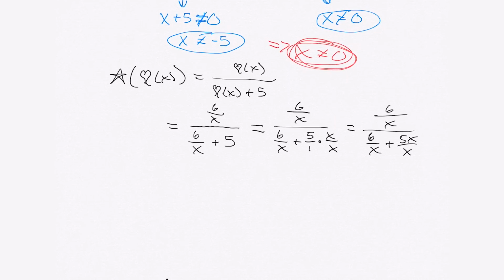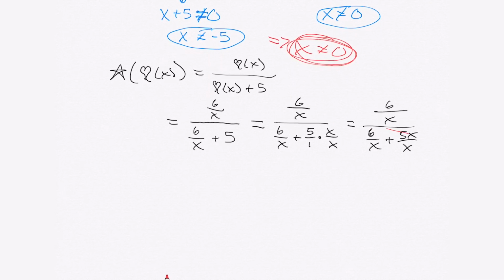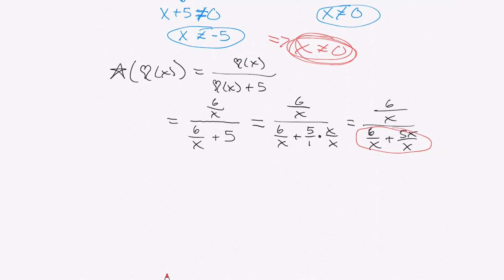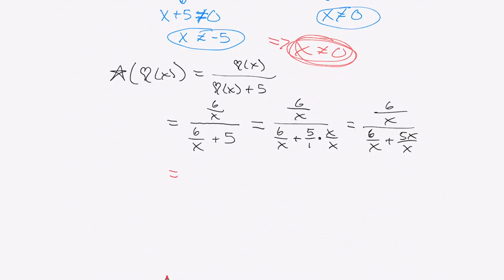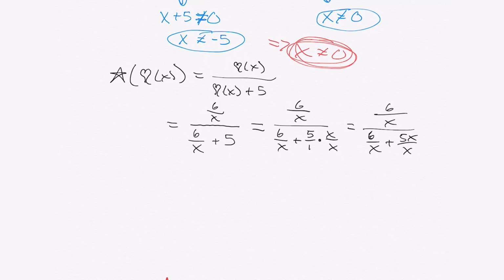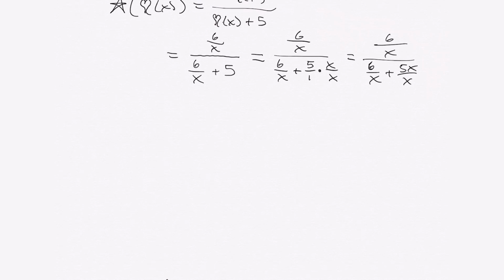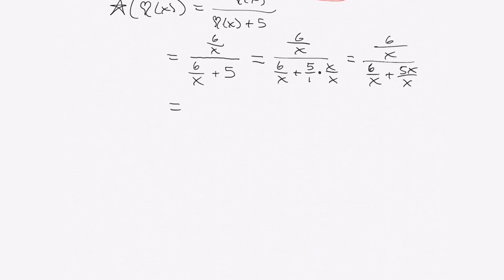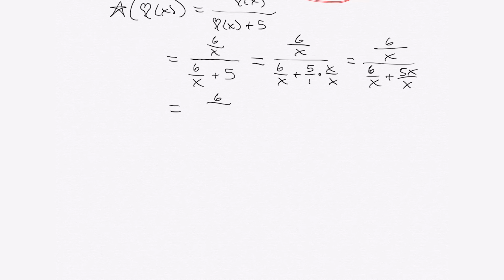That's an x. All right, now down here, I have a common denominator, so I can add those two fractions together. Let me move over here in black, please. The 6 over x in the big numerator is going to stay as it is. In our denominator, we'll add those together, the 6 and the 5x, and those are now all over their common denominator of x.